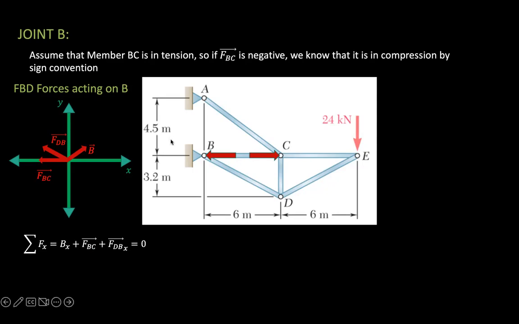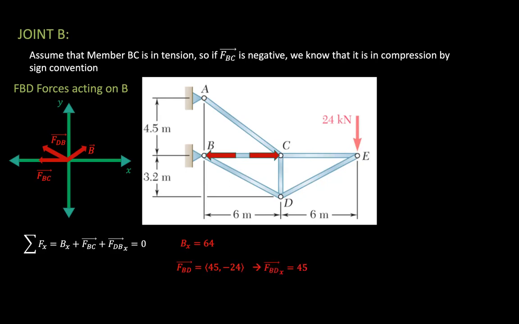The sum of the forces along the x direction is equal to Bx plus FBC plus FDBx, the x component of FDB, and all that is equal to 0. We know that Bx is equal to 64 kilonewtons as we solved just previously, and that the force FBD is equal to 45 comma negative 24.